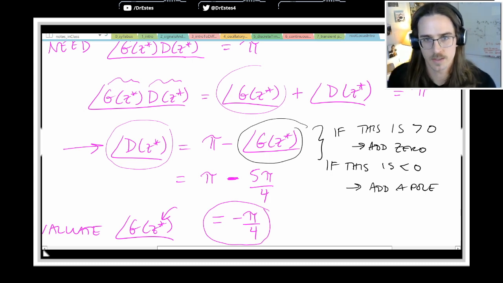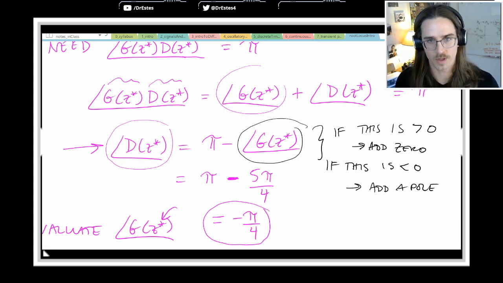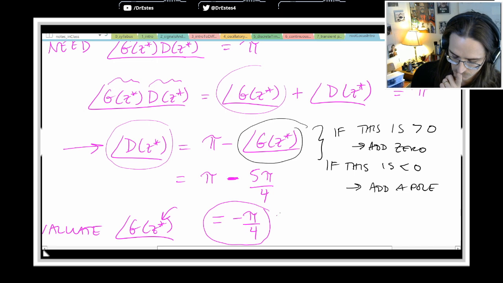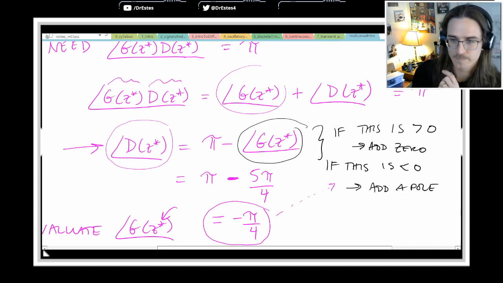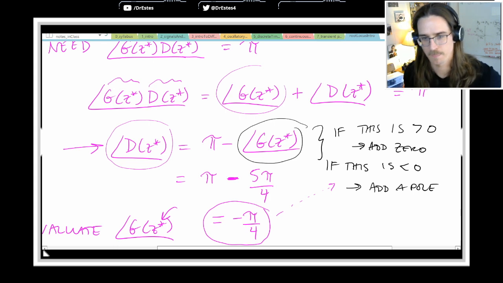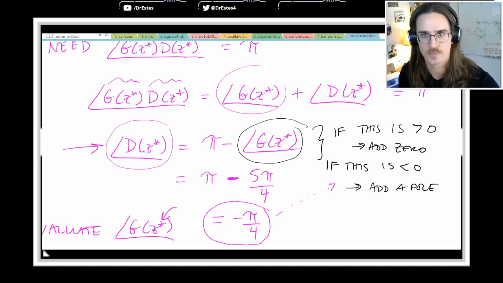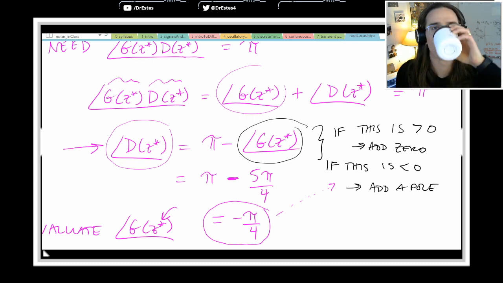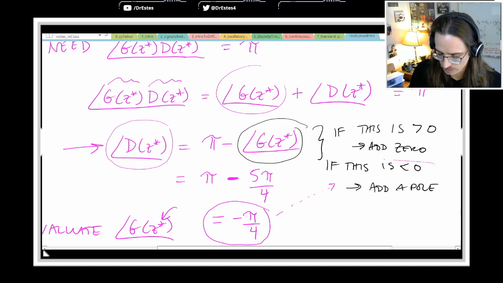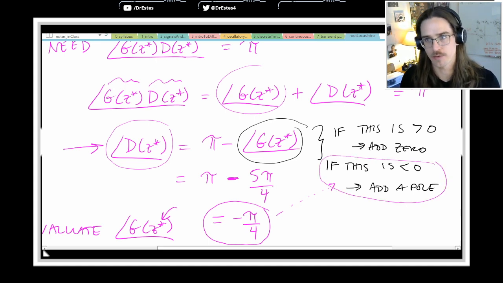What does this tell us about the form of controller that we need for D of z? Any takers? It means D of z needs to at least have a pole in it.